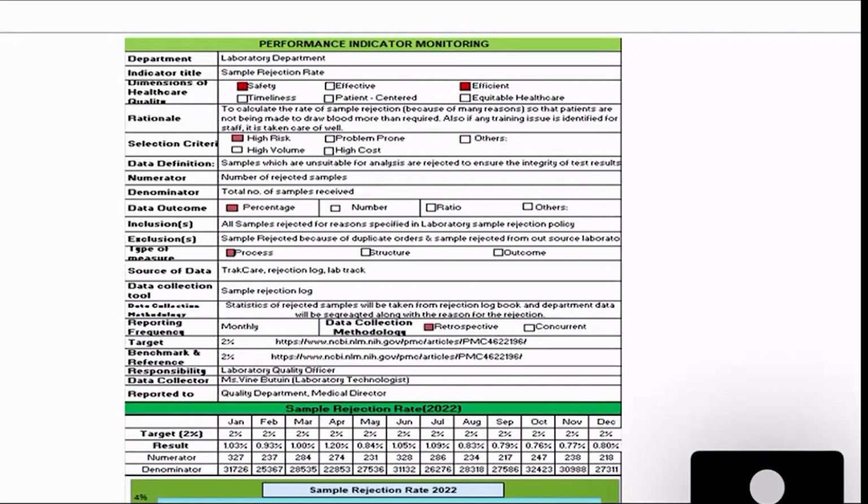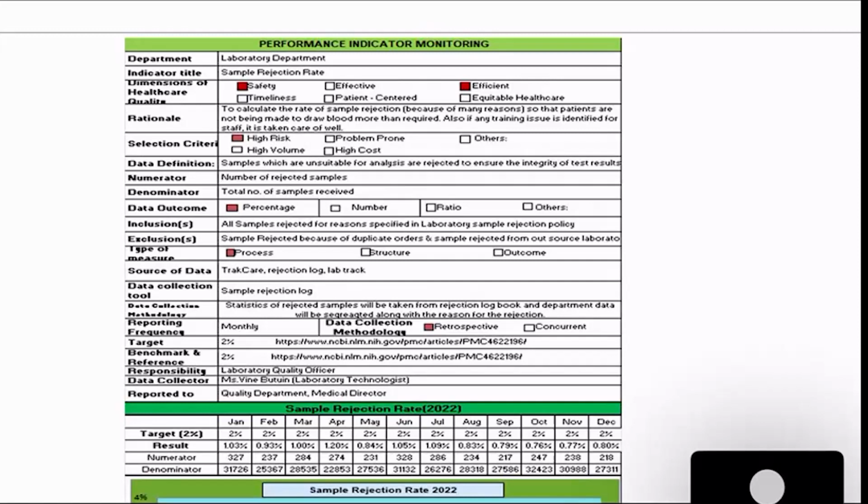That may lead to a wrong entry of result for the patient, and obviously it will end up in a wrong treatment to the patient. So safety is one of the main concerns, so we choose this as a safety indicator. Also efficient: how good this process is being followed in terms of sample collection, labeling, and pre-analytical process.